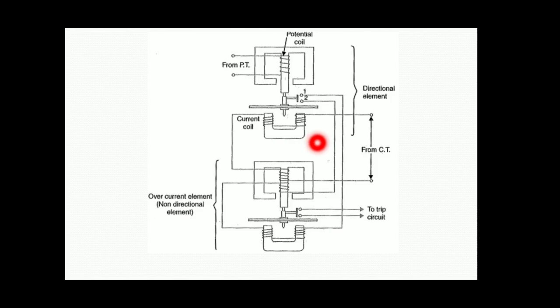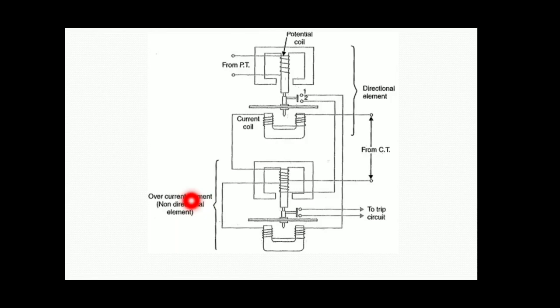In that case we are using this directional type of relay. If the direction is in the normal condition, the same direction, the relay will not be operated. Even if any overcurrents are obtained in that situation, the relay does not operate.